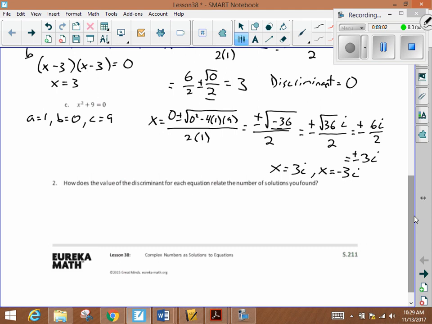In this case, our discriminant was negative, right? It was negative 36. So now we're going to look at each of our results.